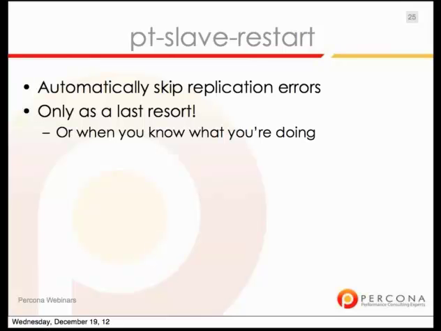Right now, on the currently GA versions, that is not the case. And so it can happen that over the wire, some bit gets flipped and the relay log is corrupted, and that will break replication. This tool, if that's the case, will do a CHANGE MASTER TO command, fetch the relay log again, and start everything again.